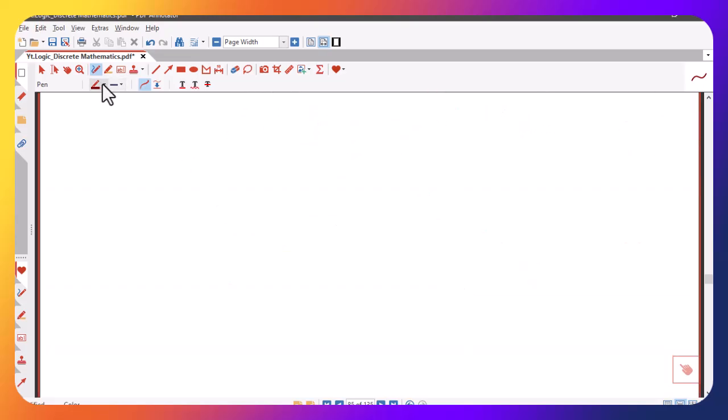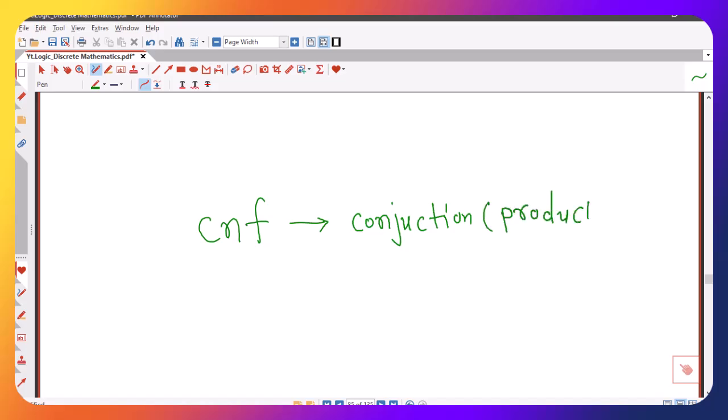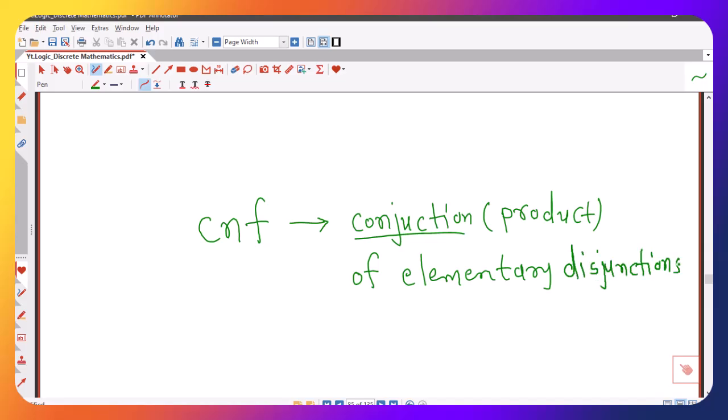So we end this session by again revising this definition. CNF means conjunction. C for conjunction, another word is product, and if I start with conjunction, then it is a conjunction of elementary disjunctions, or we can write disjunction as sum.